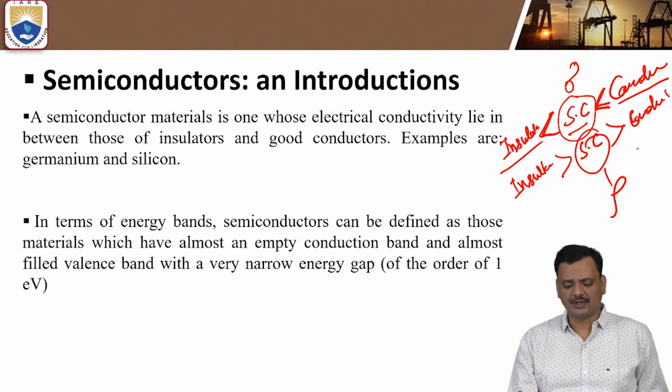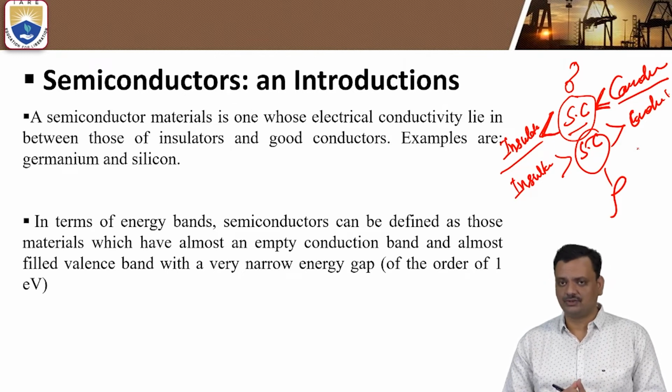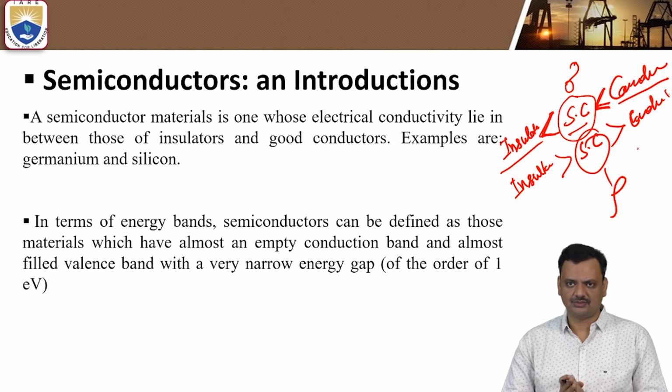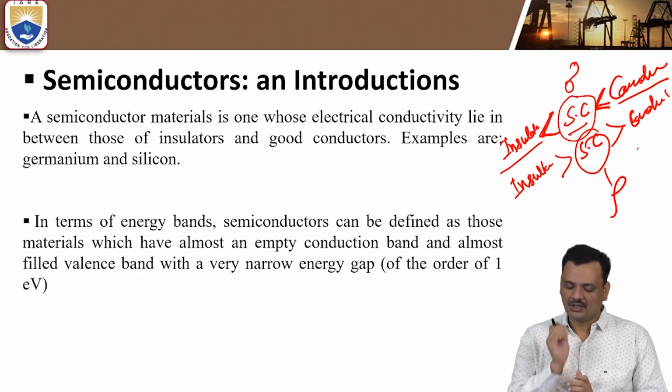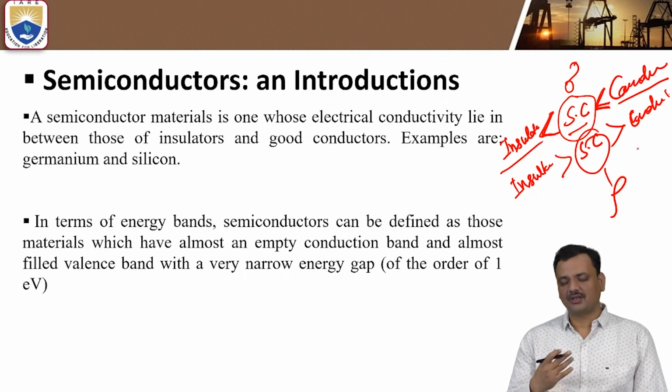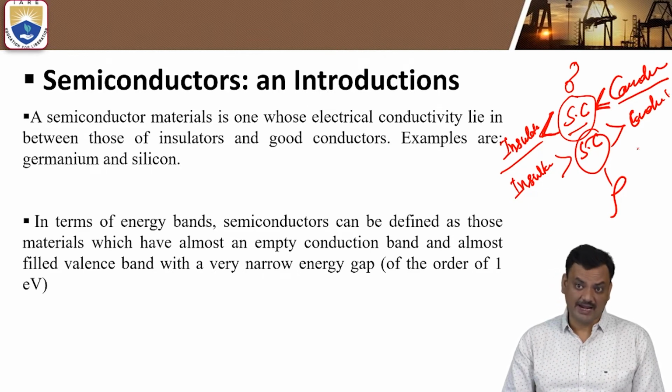But in terms of energy bands, whenever the term bands is used, it is definitely a quantum mechanical term, energy bands. Why? Because only after the introduction of quantum mechanics can we define the origin of energy bands.